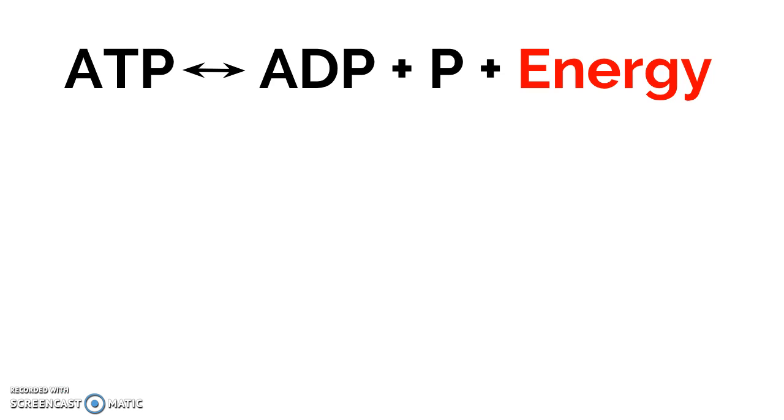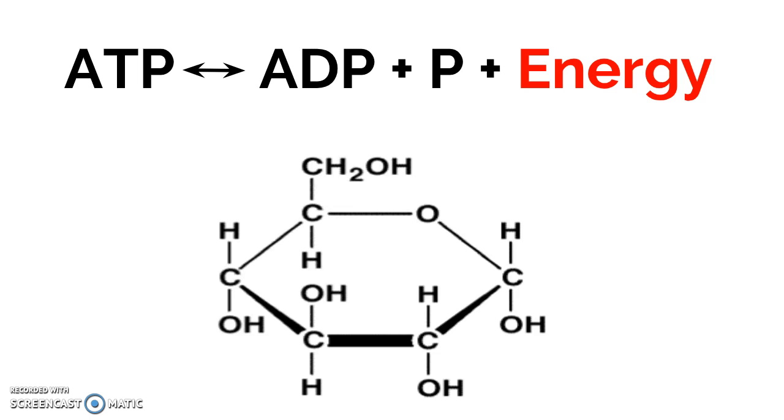And again, it's not just released out on its own, it's going to be released to some other coupled reaction. Also, notice the double arrow indicating that this reaction could proceed in the opposite direction to reform ATP as needed to store excess energy. That energy, for example, could be put in to form the bond when building and manufacturing sugars through dehydration synthesis.